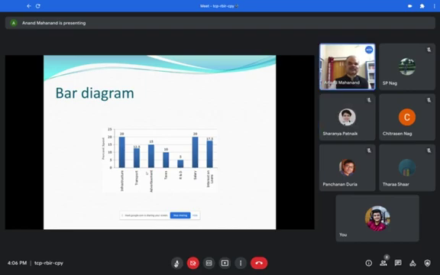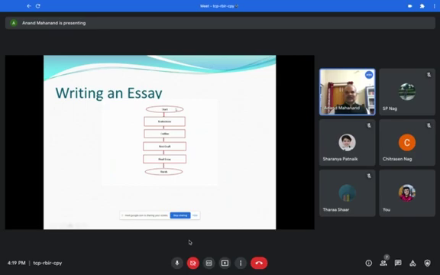But this is called a flow chart, and it represents different steps of writing an essay. You start here, then you do brainstorming. So before writing an essay, you do brainstorming. Then you prepare the outline, then you write the first draft, then you do the final essay, and that is done.